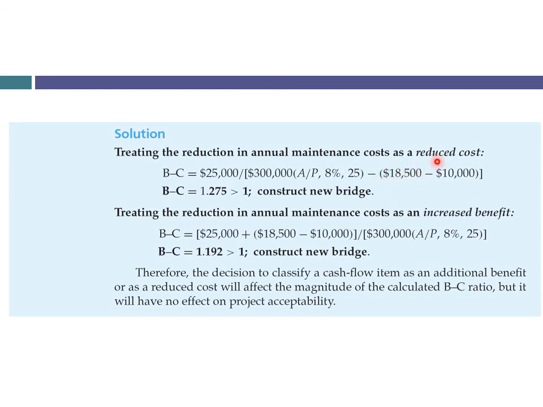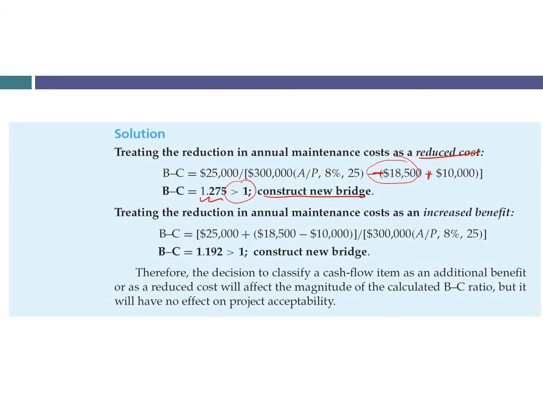We treat it as a reduced cost in the denominator. And this 10,000 is the annual maintenance cost of the new bridge. It is a cost, so we are adding it. So there is this parenthesis. If you open this parenthesis, this is negative and this will be positive in the denominator. So we treat this annual maintenance cost as a reduced cost. And if you do this, the BC ratio is this much, and since it is greater than 1, the final decision is to construct the bridge.